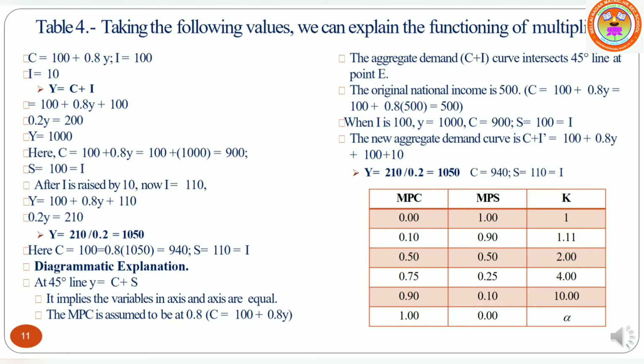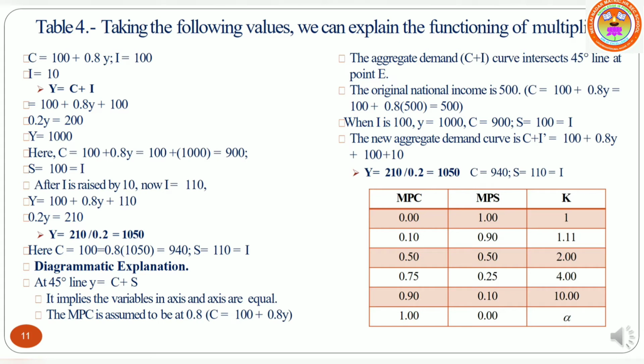This 0.8y goes to the left side, so it becomes minus. So 1y minus 0.8y, how much? 0.2y equals 100 plus 100, 200. So Y equals 200 divided by 0.2, we will get 1000.